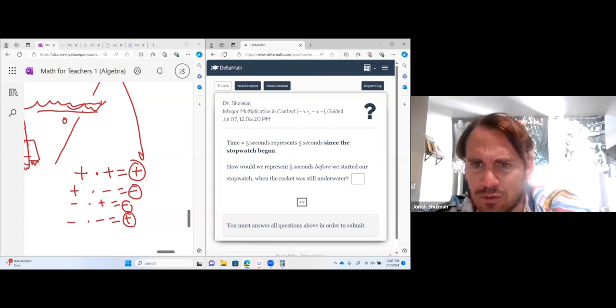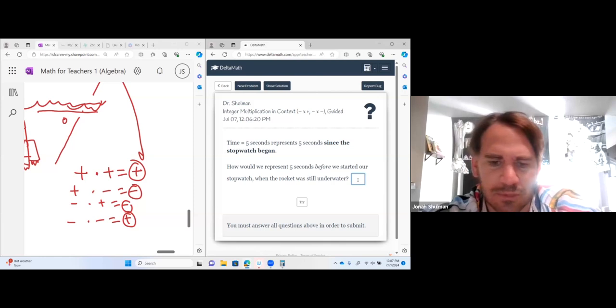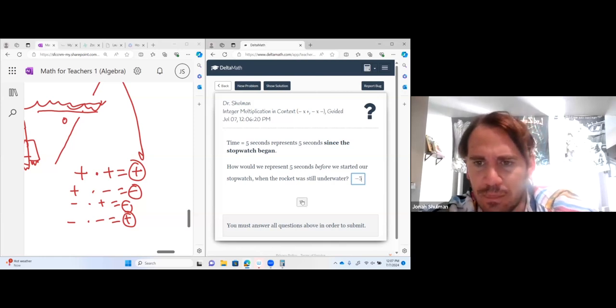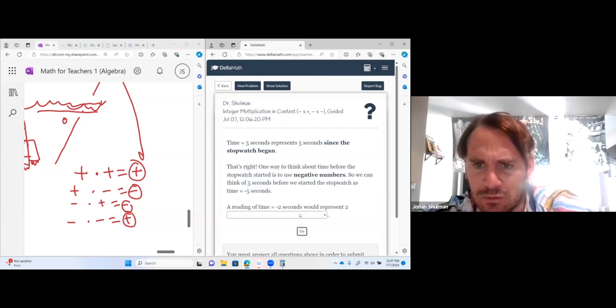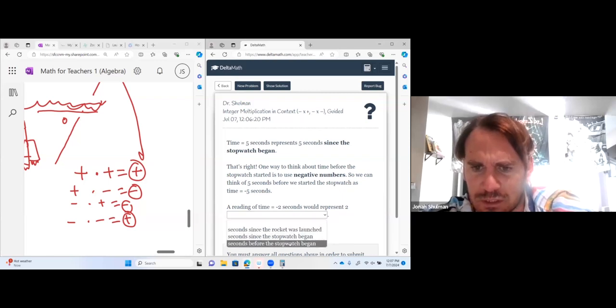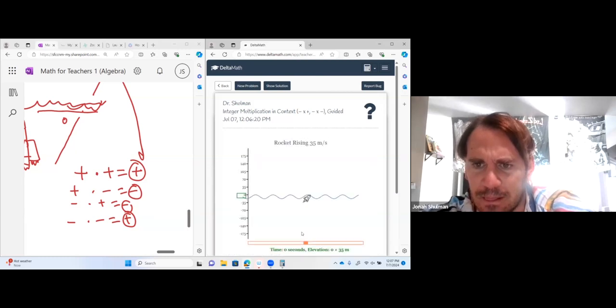All right, how would we represent 5 seconds before we start our stopwatch while still underwater? Really would be -5. So a reading of -2, the 2 would represent 2 seconds before the stopwatch began. Oh, nice. This is cool.